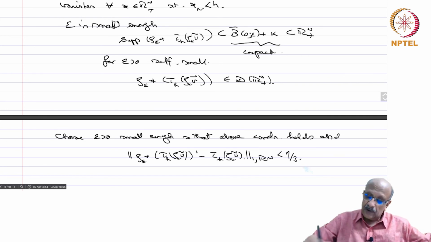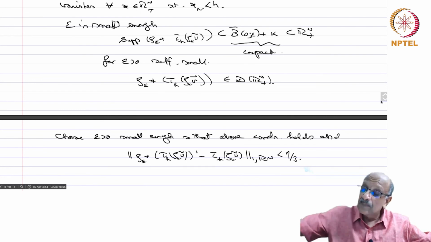Again you can do this because rho epsilon star an H1 function goes to that function as epsilon goes to 0.